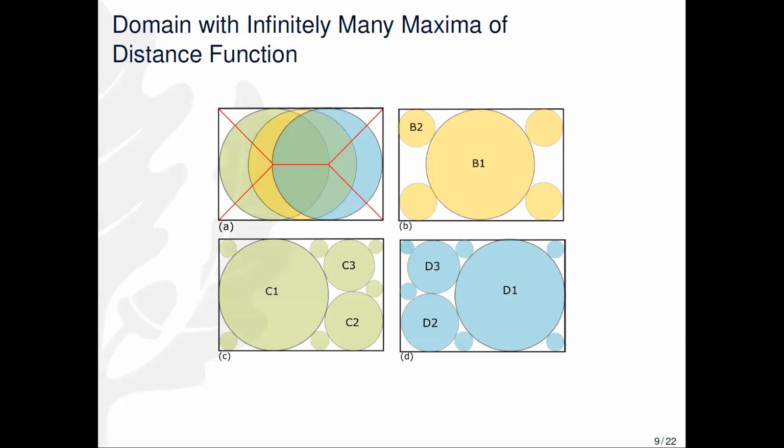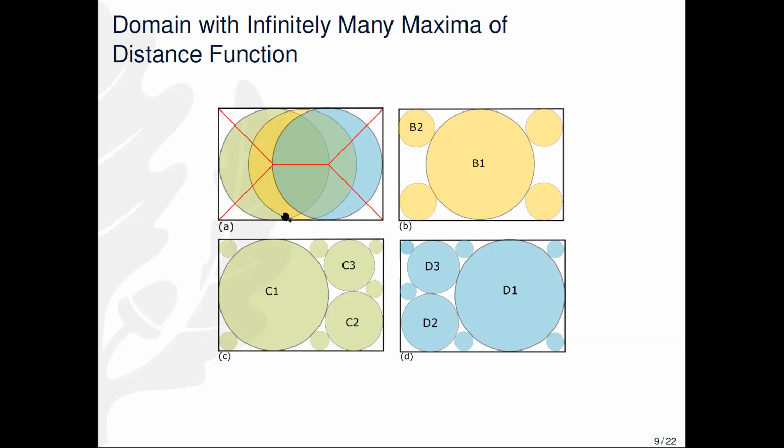However, in some cases, if we have infinitely many maximum choices, we cannot easily list all the possible decompositions and find the largest one. Like this rectangular domain, the maxima of its distance function are the middle segment of its medial axis.